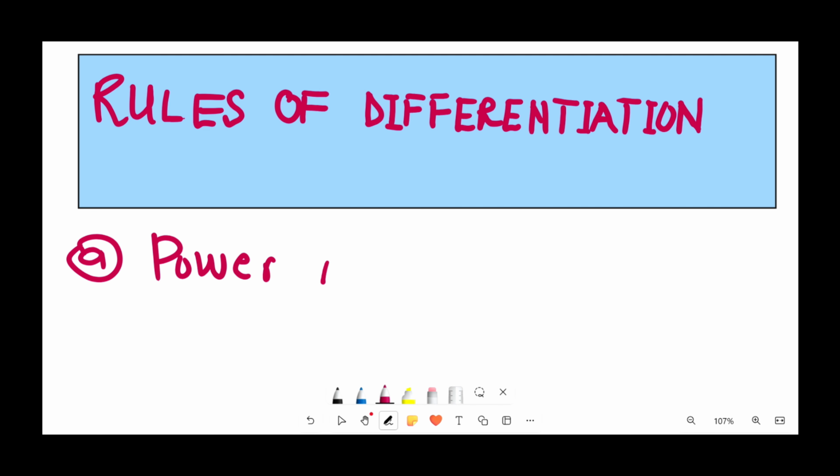Here we'll be considering the rule in terms of the power of a given expression in a given function.